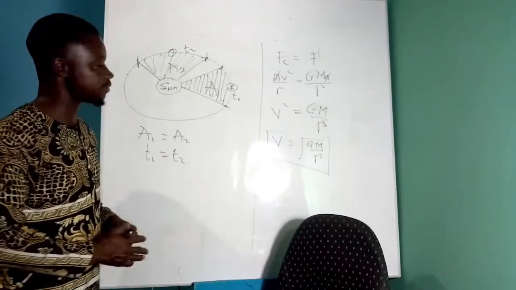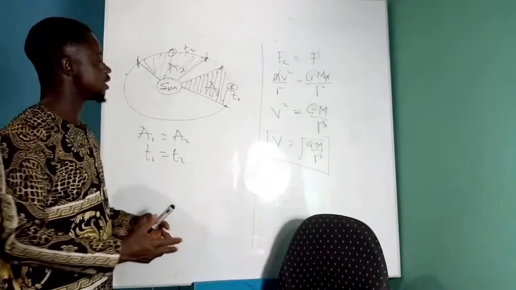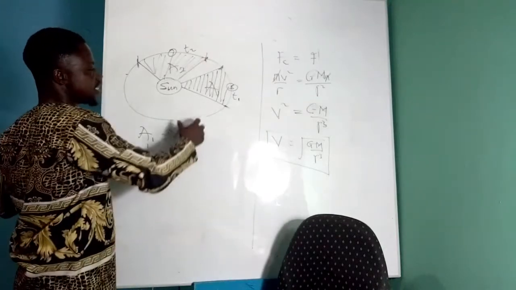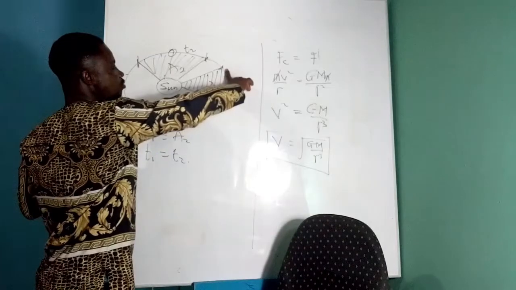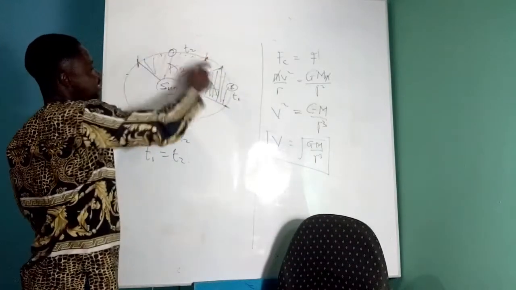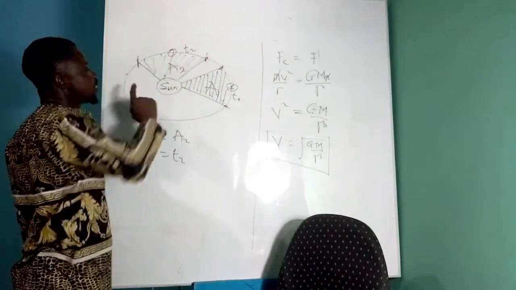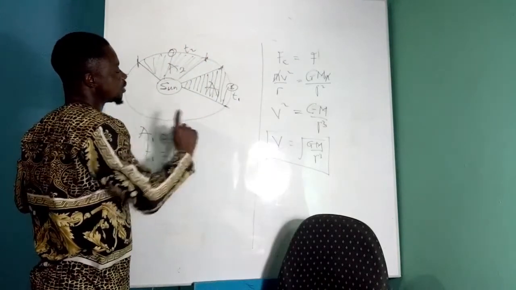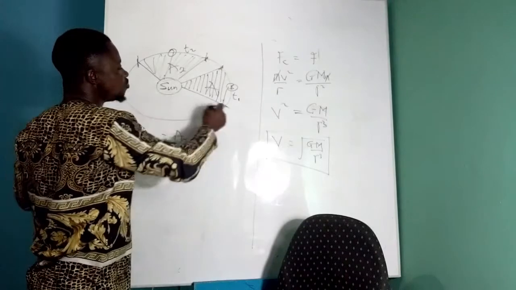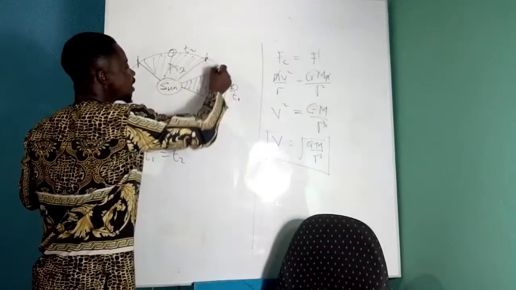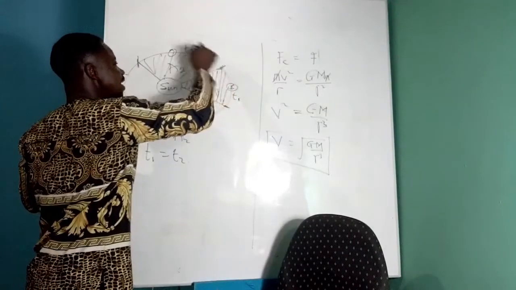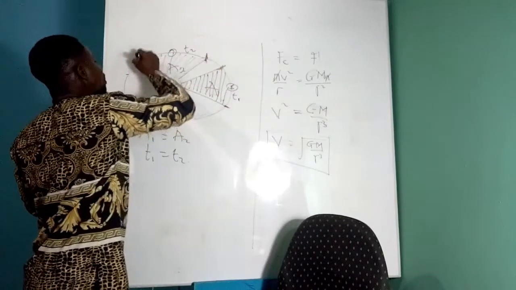Let me explain that again. How can the distance from here to here be shorter than the distance from here to here, yet the time taken to travel from here to here be equal to the time taken to travel from here to here? This can only happen when the planet moves from here to here faster than it moves from here to here.